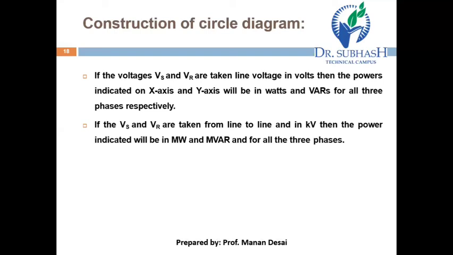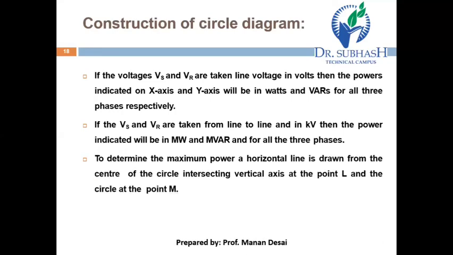If Vs and Vr are taken line to line in kV, then power is indicated in megawatts and MVAR, meaning megavolt ampere reactive.